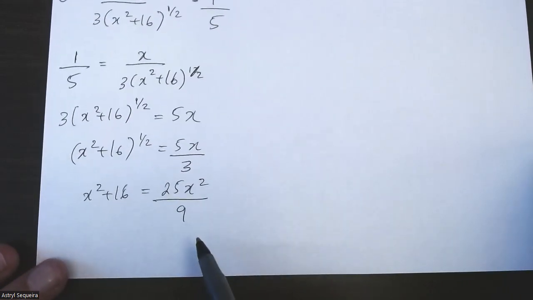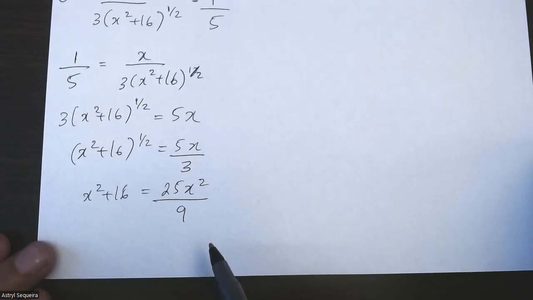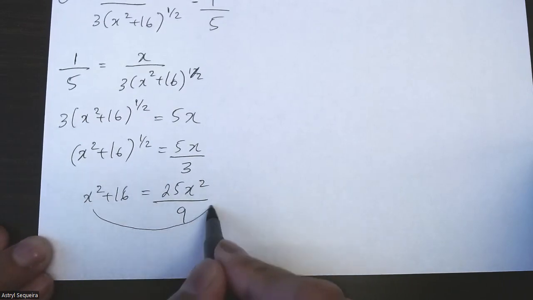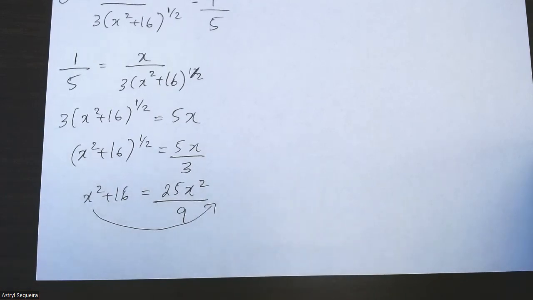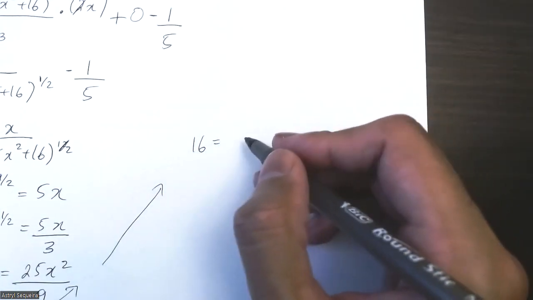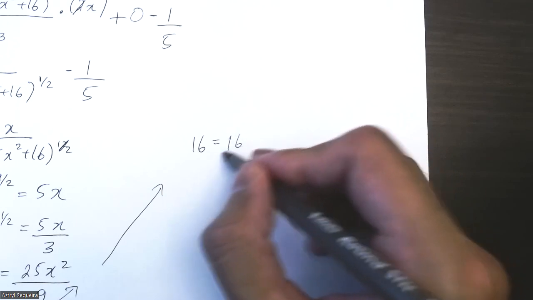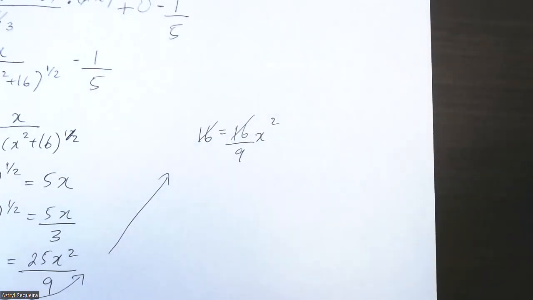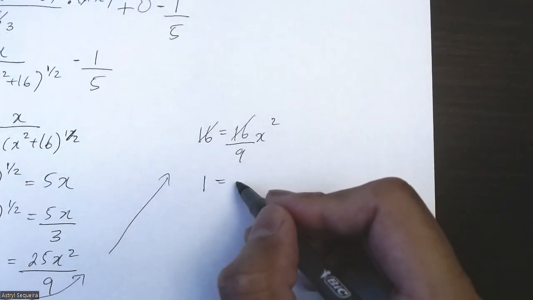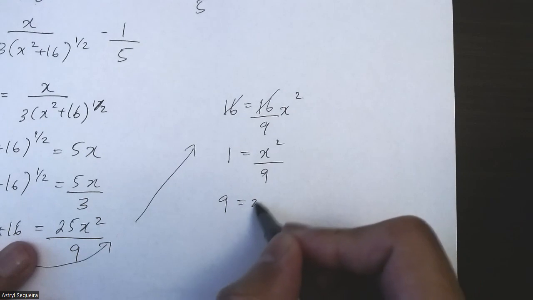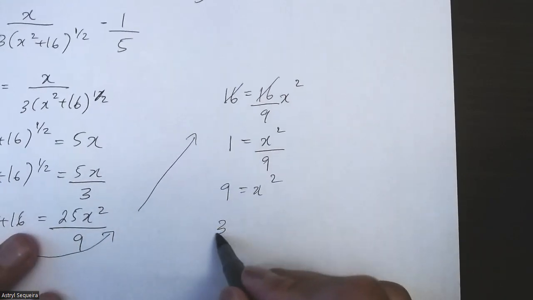And I will subtract the x squared on this side, just so that I have my x squared terms on the same side. So 16 equals 25 over 9 minus 1, which is 16 over 9, x squared. And then because 16s are multiplied on both sides, I can cancel that out. So I have 1 equals x squared divided by 9. Multiply the 9 over, so 9 equals x squared, and then I square root, and get x equals 3.